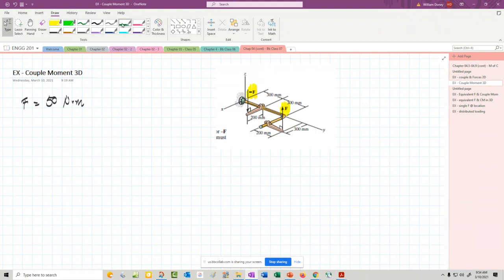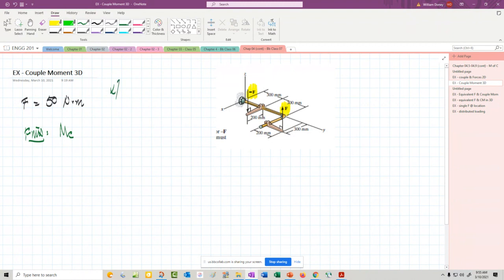And what we're asked to find is the force couple or couple moment, the magnitude of it. So we're going to find the couple moment.